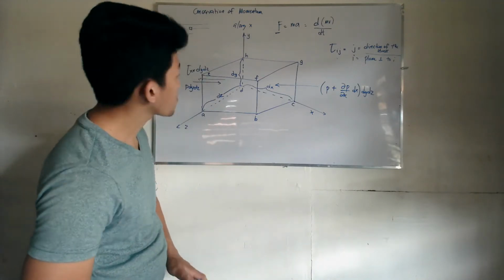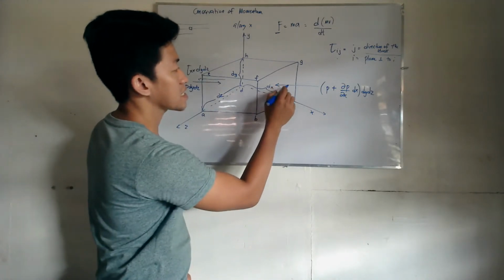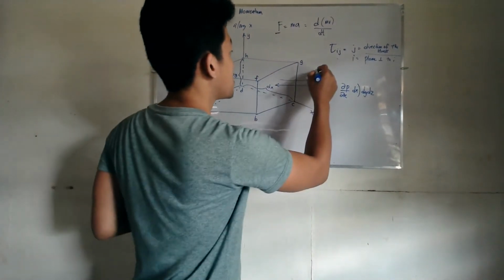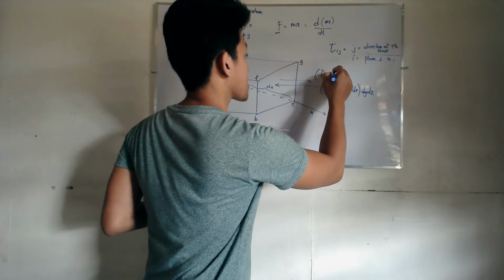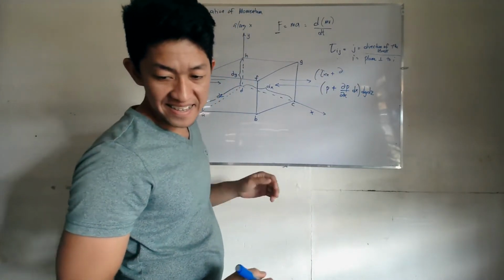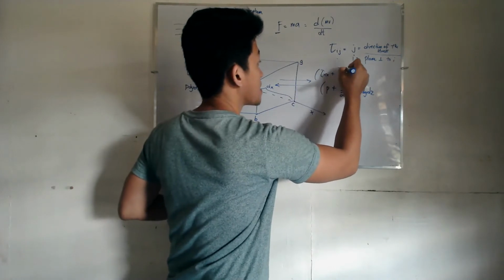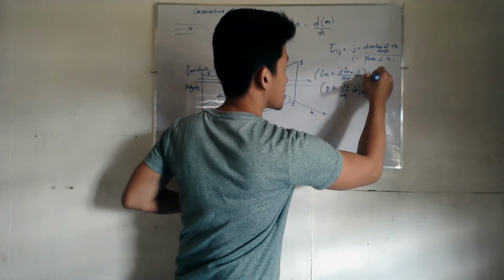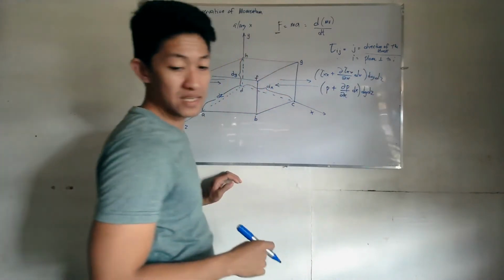Correct. The opposite side is tau xx plus partial of tau xx with respect to x dx, dy dz. Okay?